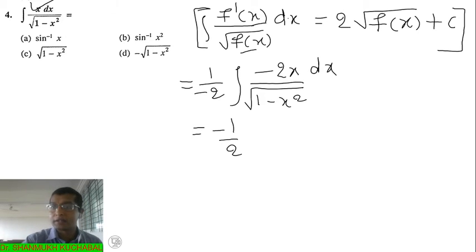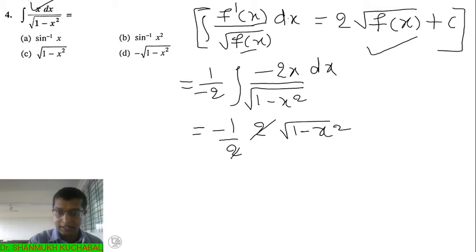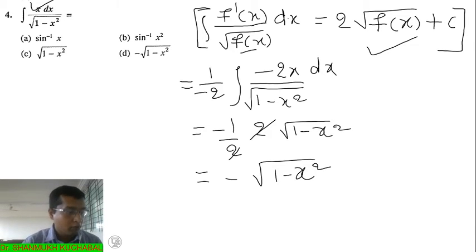Using this property, we write this as 2 times the square root of 1 minus x square. Now the 2 cancels, so we get minus the square root of 1 minus x square. Therefore option D is the right answer.